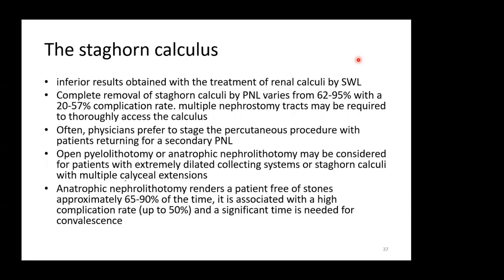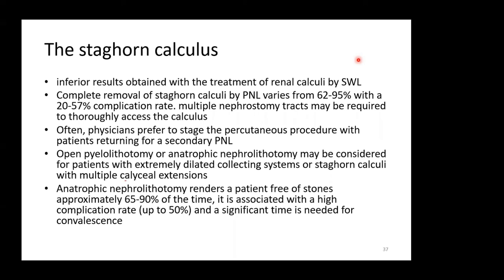So the staghorn stones are very special because usually they may even occupy the whole, all the calyces and the pelvis. And if you use shockwave lithotripsy, for example, the results may not be very good. And of course, complete removal with percutaneous nephrolithotomy may give you better options.